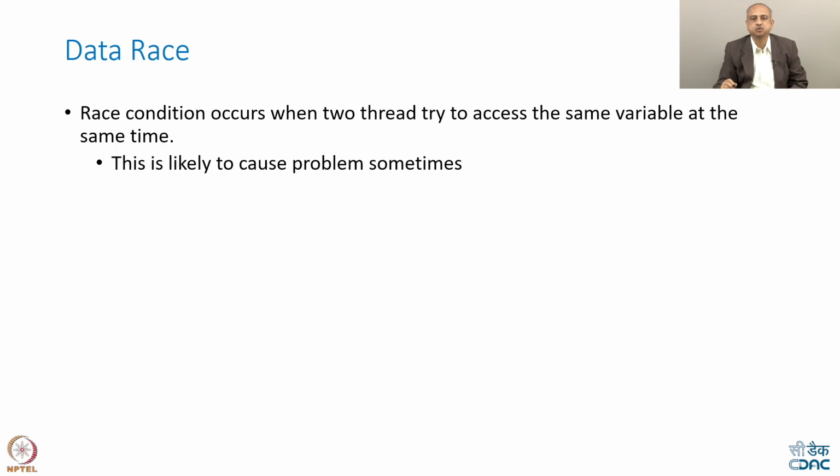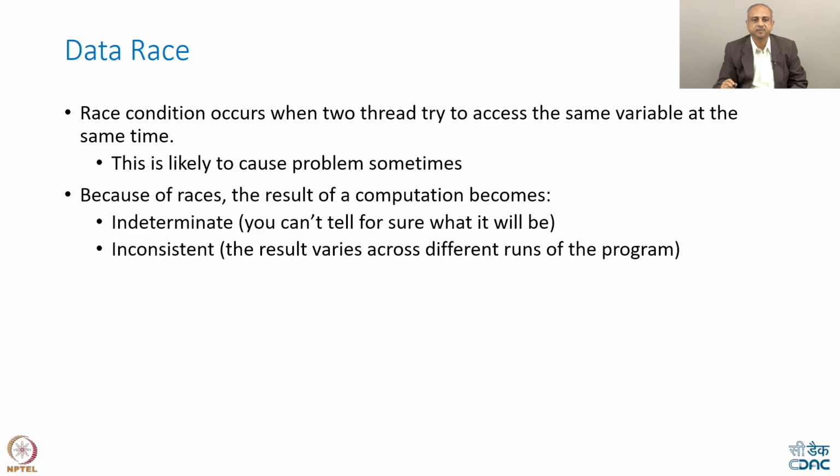Obviously these two threads are running concurrently on two different cores and they wish to access a common variable. The issue is that this is likely to cause problems sometimes. Now, let us see how this is going to happen.